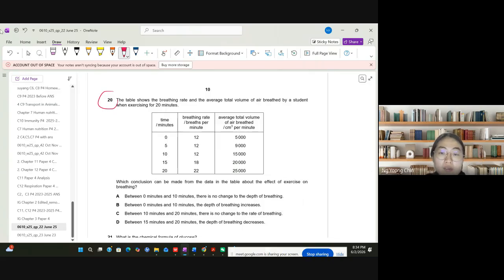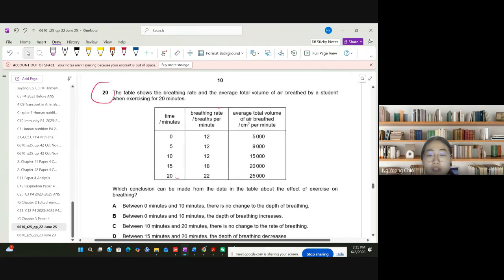This is about the times, minutes. This is a breathing rate, breaths per minute. So in 1 minute, how many breaths? Usually in humans at the resting stage, it's between 10 and 15, a normal range for humans.